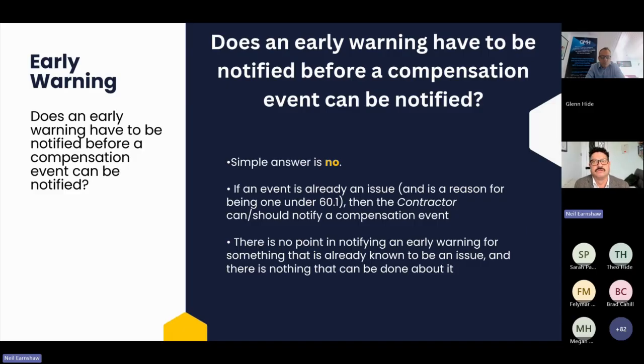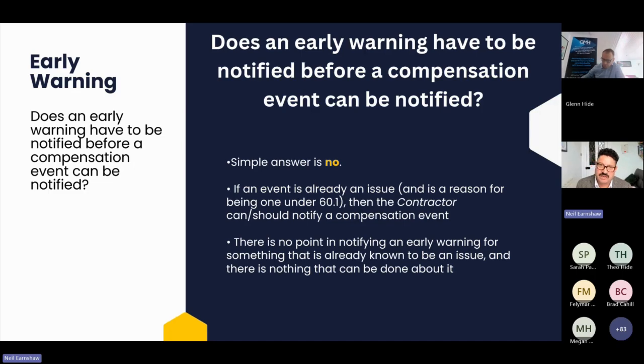If you look through the reasons for not accepting an event as a compensation event in the contract, it doesn't mention early warning in that stage. There's only one reference to early warnings, when the project manager instructs the contractor to provide a quotation. The project manager can flag up to the contractor that they don't think the contractor gave an early warning that they should have done, and that should be taken into account in the assessment.